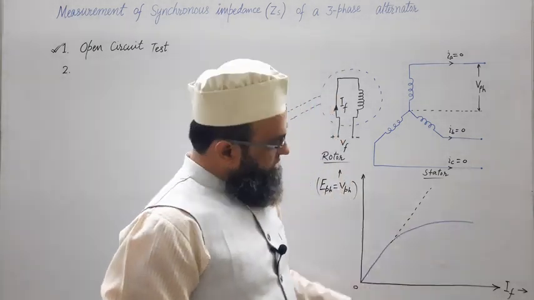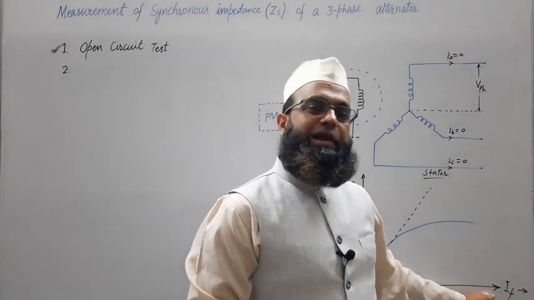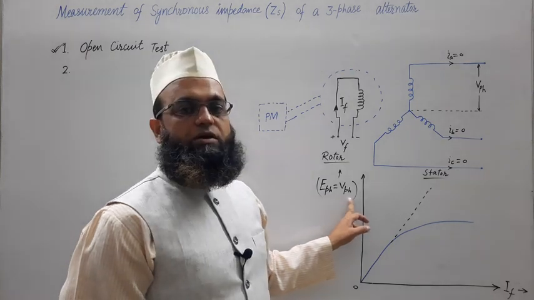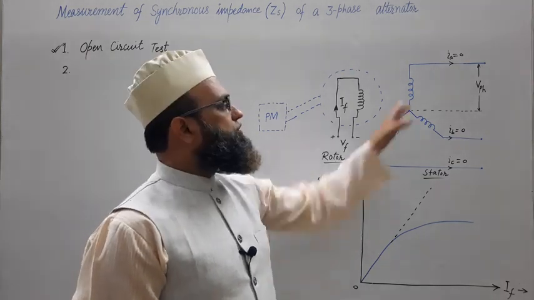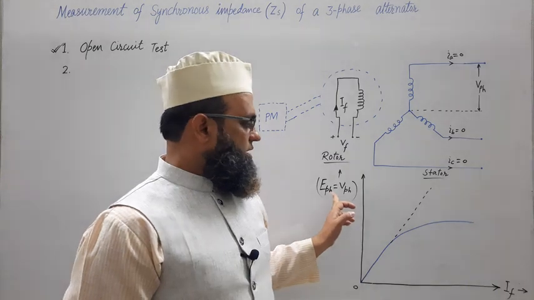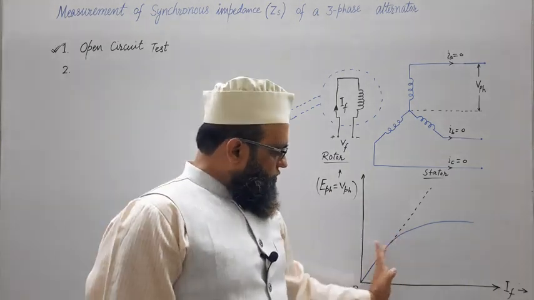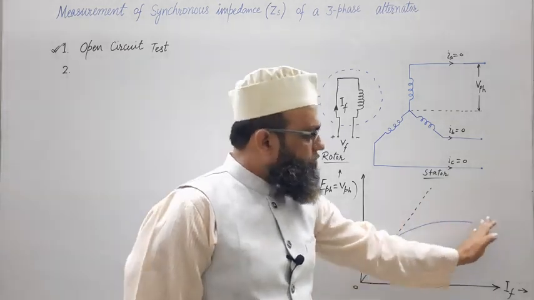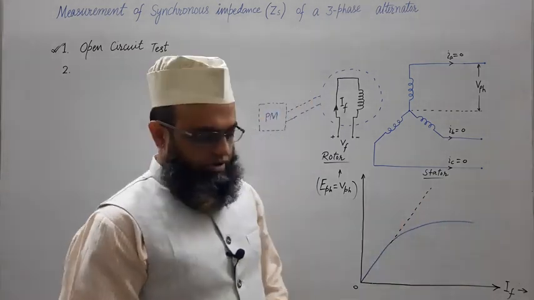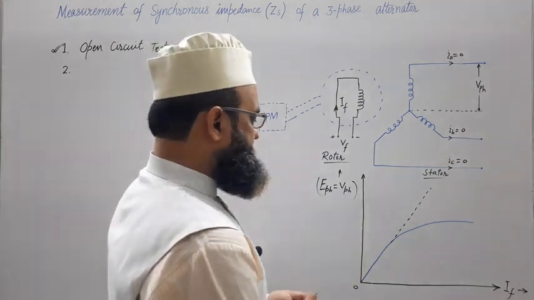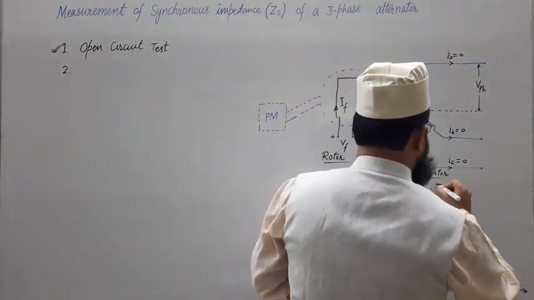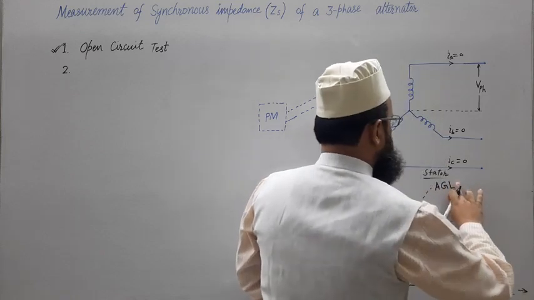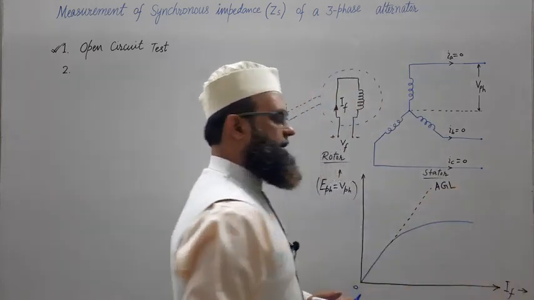It means a further increase in field current will not result in a further increase in terminal voltage or induced EMF. So this part is known as the unsaturated region, or linear region, and this part is known as the saturated region. This extended line is known as the air gap line, AGL in short.